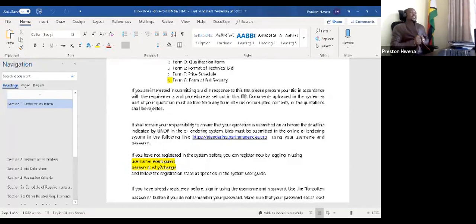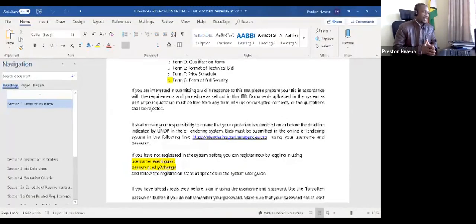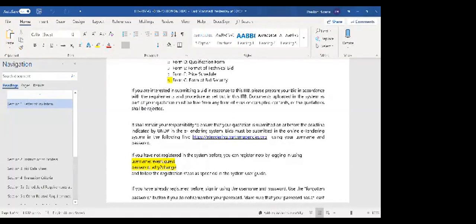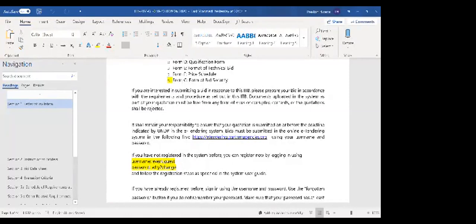As UNDP, we are trying to move to a digital platform as a way of promoting transparency, integrity, and fairness in our procurement systems. So we are moving away from manual bid submission and using this e-tendering system. Just for your information, once you upload your bid, even if you upload it today, no one will be able to access it, even at UNDP, until the bid closes.